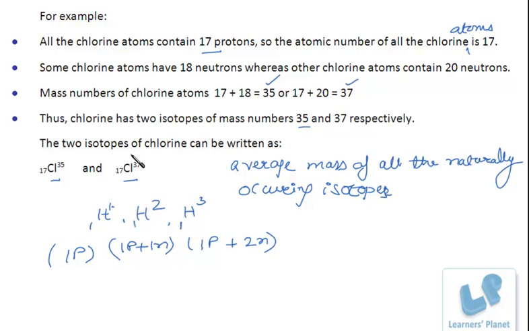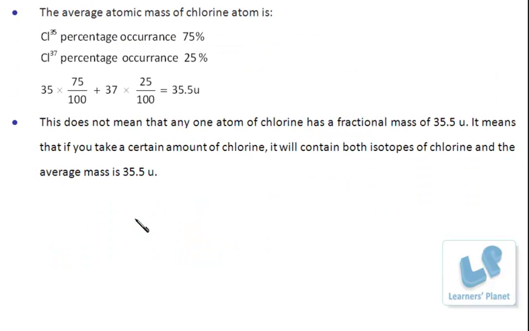Now let's see how the mass of chlorine is calculated. The average mass of an atom of an element which has different isotopes is calculated by taking percentage occurrence into consideration. See, the percentage occurrence of the Cl-35 isotope is 75, whereas of Cl-37 is 25.